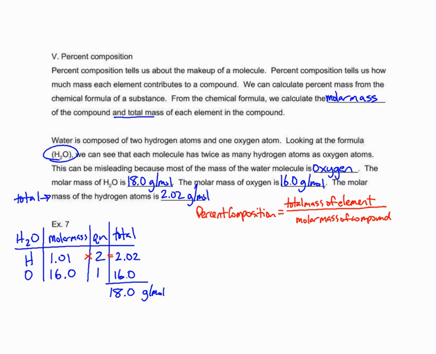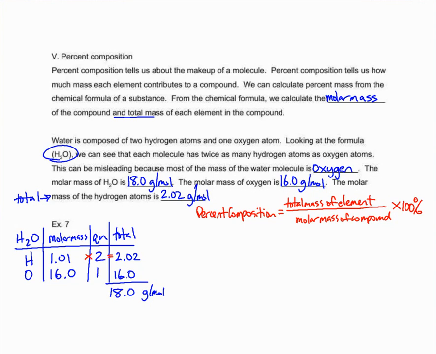And this is going to give us a decimal. We're talking about percent composition, so we have to multiply it by 100 to make it a percentage. Because we're looking at part of a whole, this gives us a decimal, this gives us the percentage.